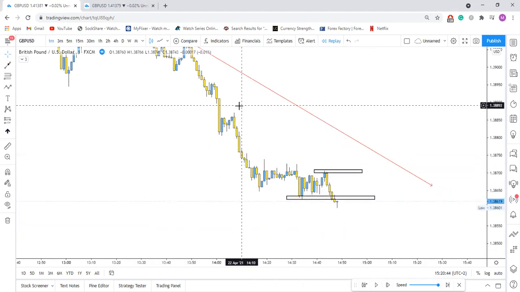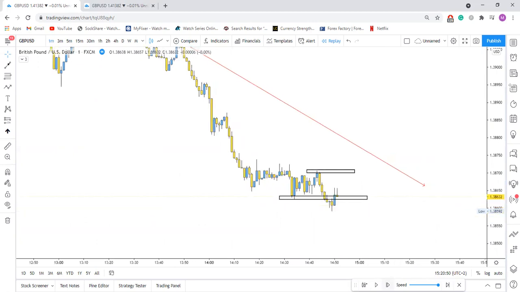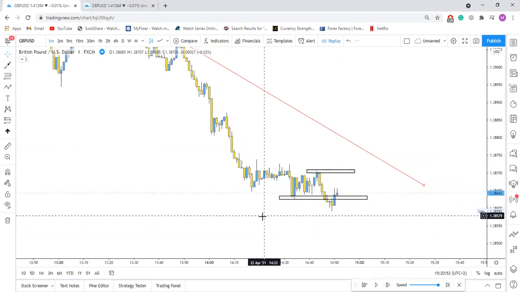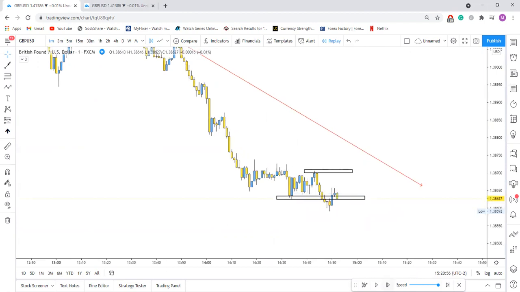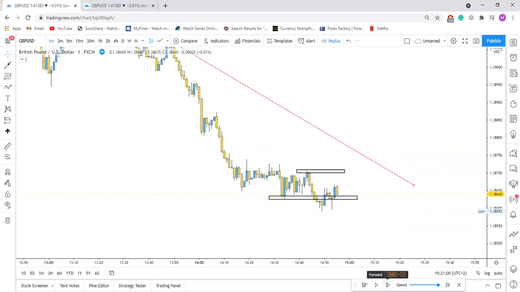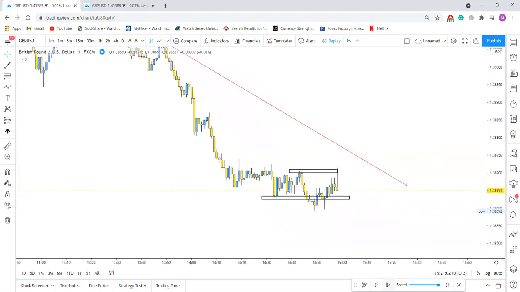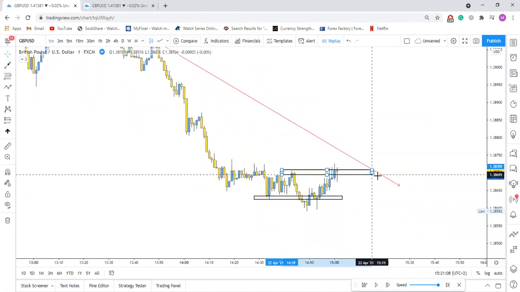So there is a possibility that this could be considered an accumulation to then break up. But let's see exactly what happens. No retest because we're back into this zone. It's a bit of a problem when these types of things happen, but you just got to deal with it. As a trader, you follow your system and you move on.